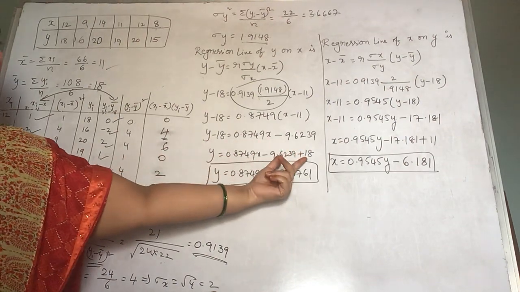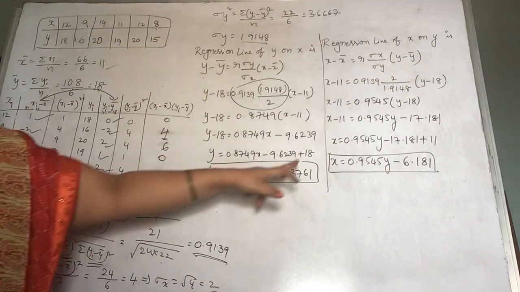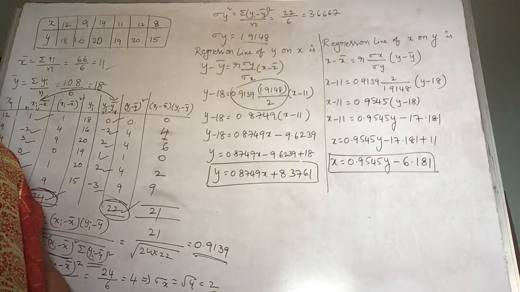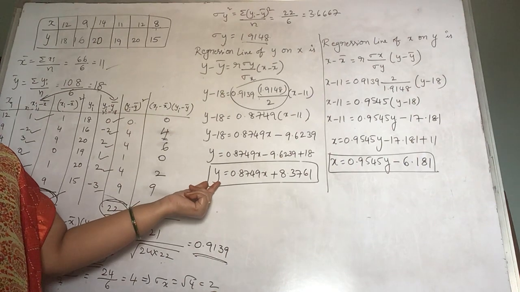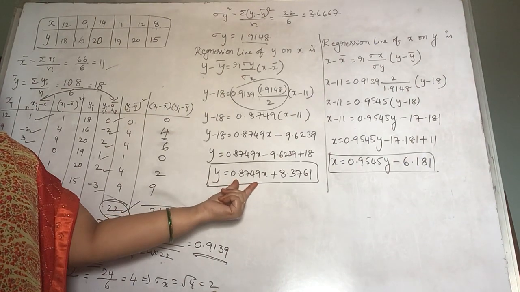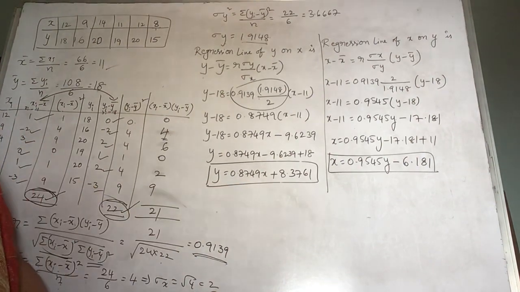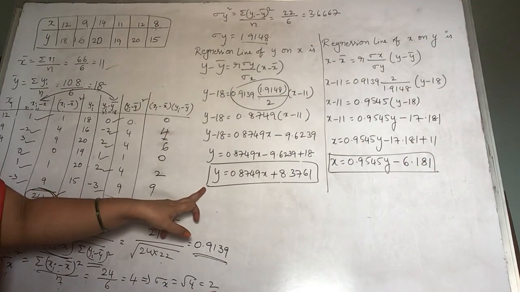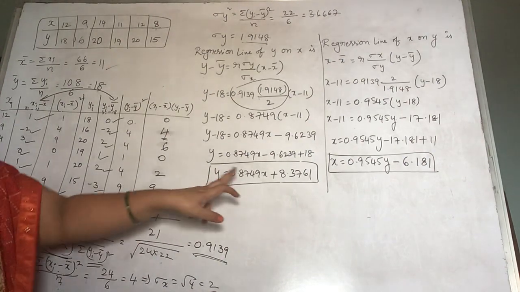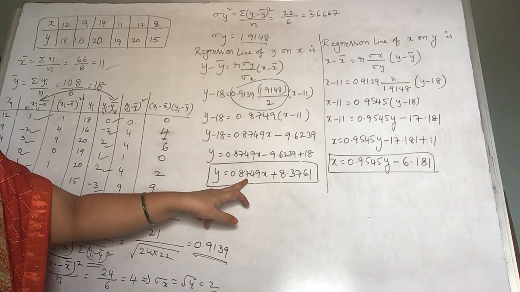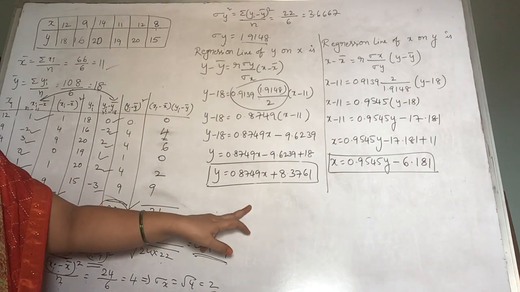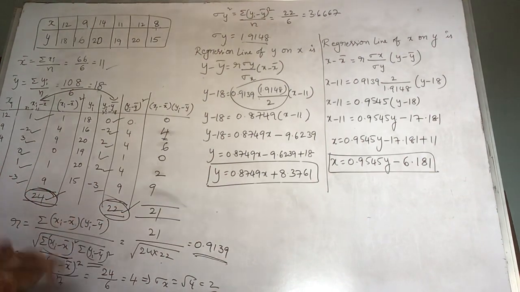Now simplify these two constant values: 18 minus 9.6239 is 8.3761. So y is equal to 0.8749 into x plus 8.3761. This is the regression line of y on x. Here y is dependent on x, and the regression coefficient is 0.8749.